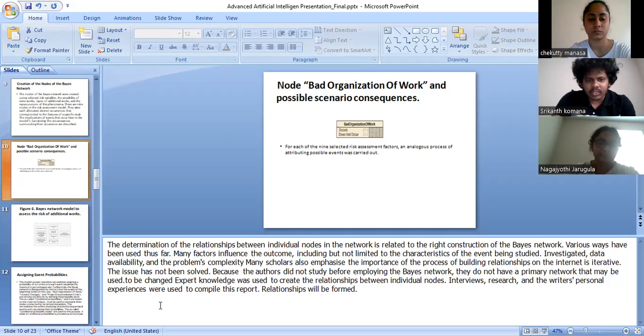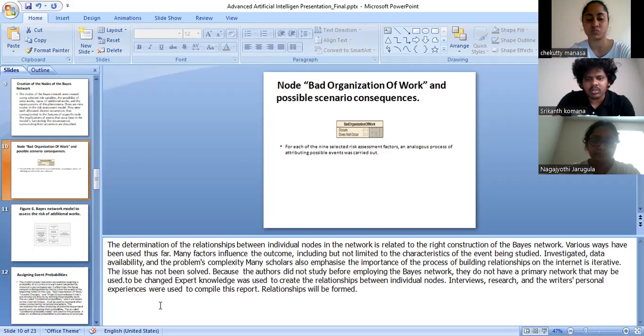The determination of relationships between individual nodes in the network is related to the right construction of the Bayes network. Various factors influence the outcome, including but not limited to the characteristics of the event being studied, data availability, and problem complexity.